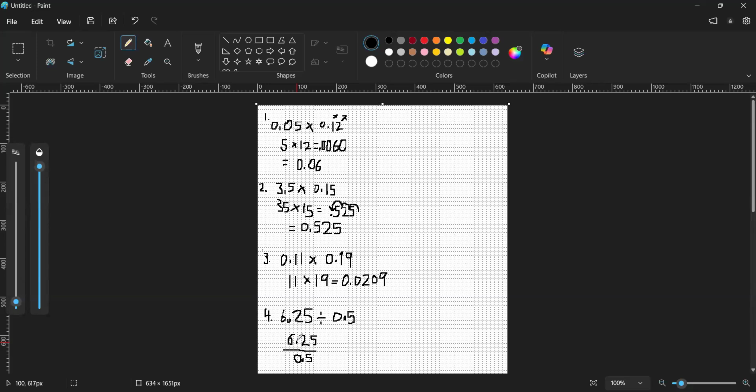So we're going to make it a whole number by making the decimal jumps go toward the right-hand side. Take note of the number of decimal jumps. There were 2, right?